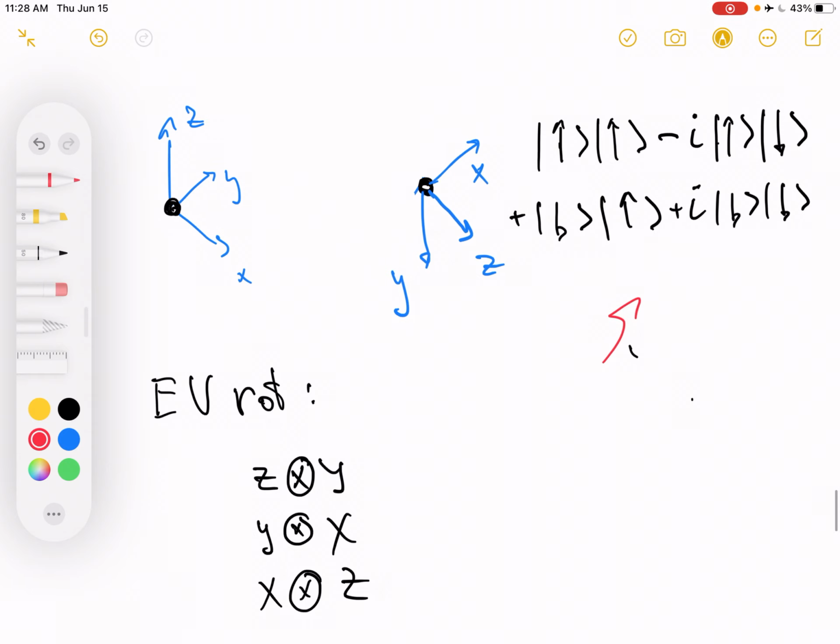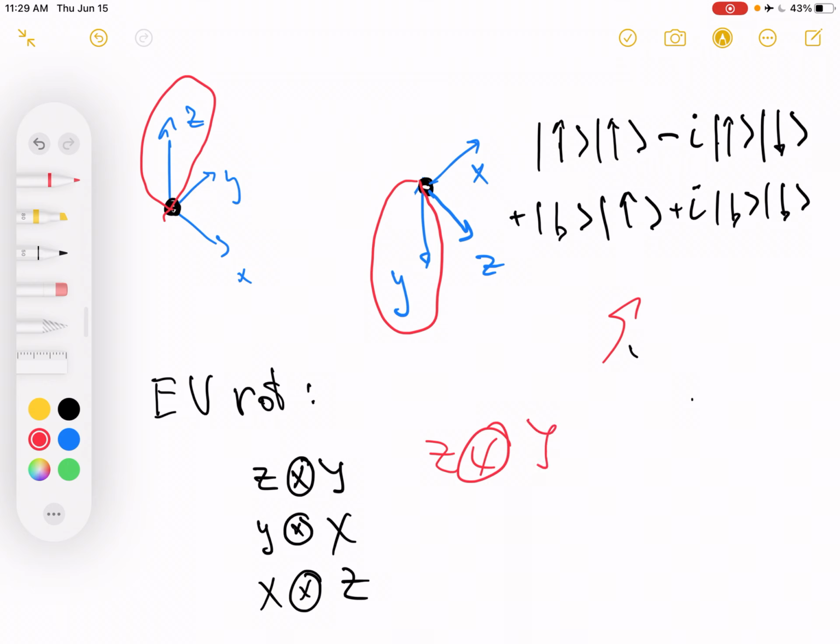By just looking at which axes are collinear with each other, for example, on the first Bloch sphere the z-axis is collinear with the y-axis on the second Bloch sphere, we can tell which rotations will not change this state, so for which rotations this state will be an eigenvector. It's the z cross y rotation.